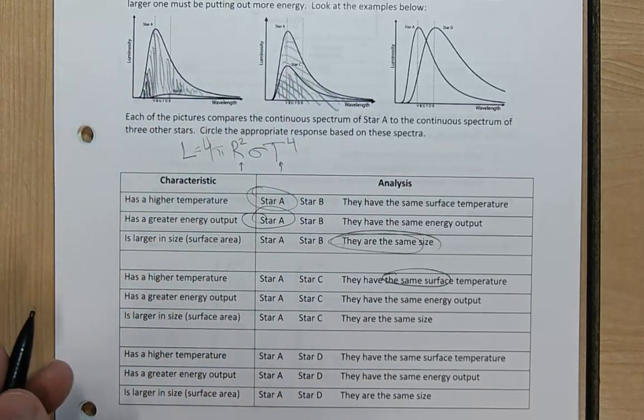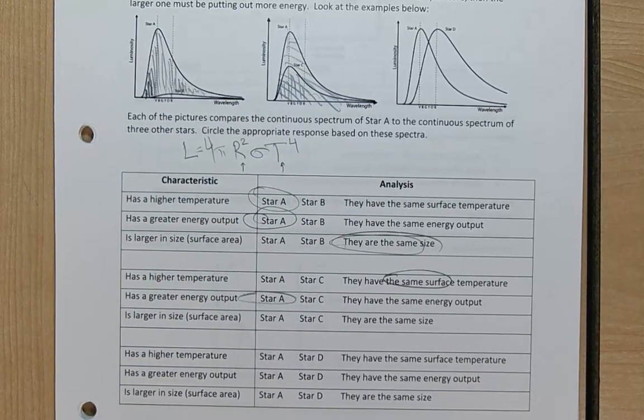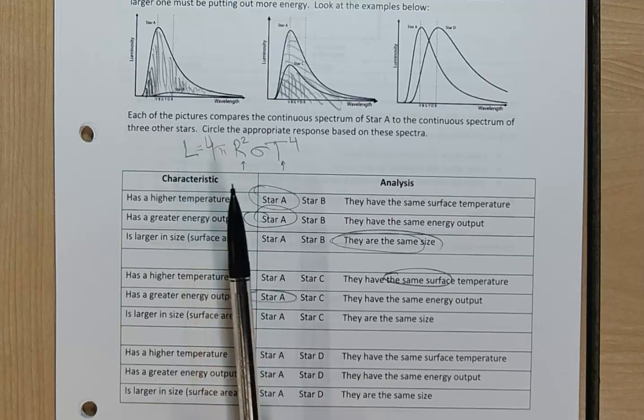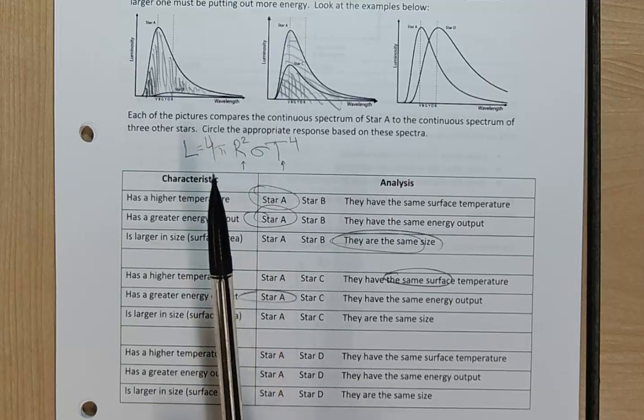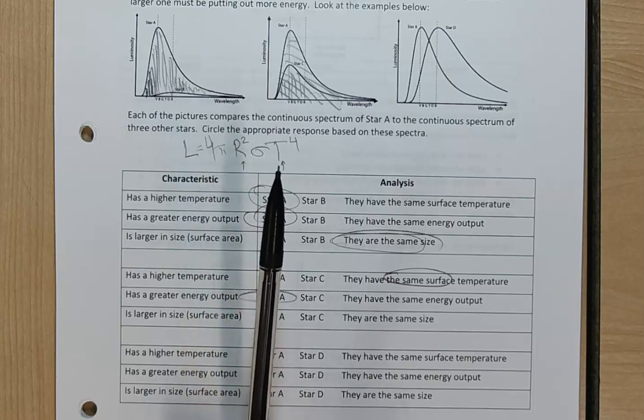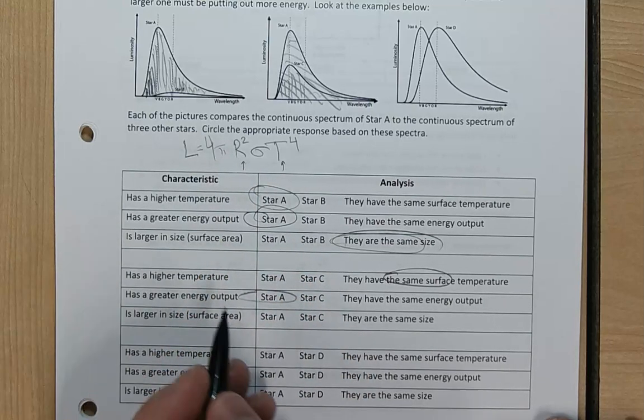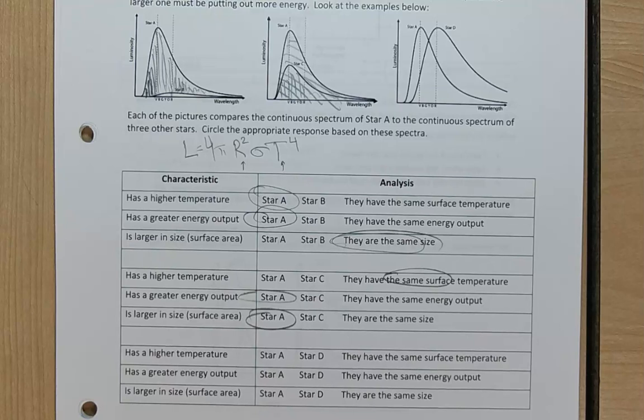So it's gotta be A. Which star is larger? Well, now we know that A is brighter, but they're the same temperature. How can star A be brighter if it's just as hot as star C? It's got to be because it's larger. We know the temperatures are the same, so A must be larger, it has a larger surface area, so it can give off more light per second. That's what makes it higher luminosity.